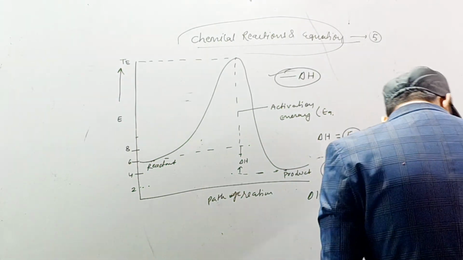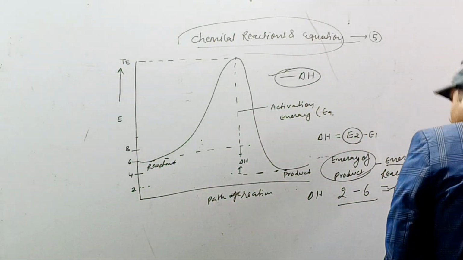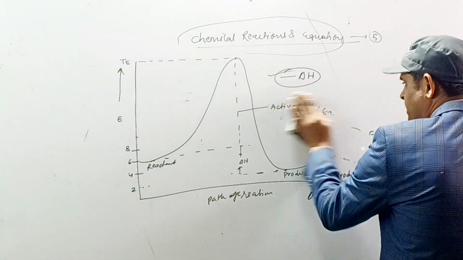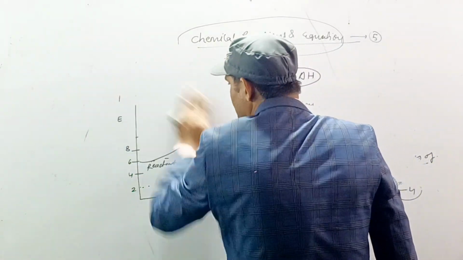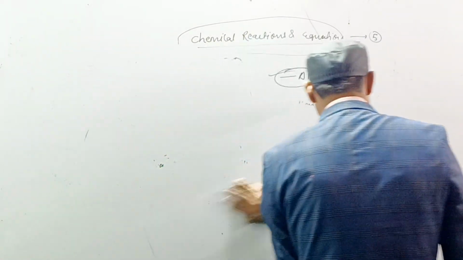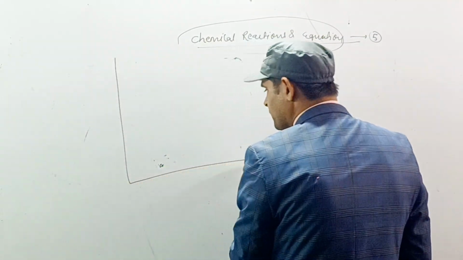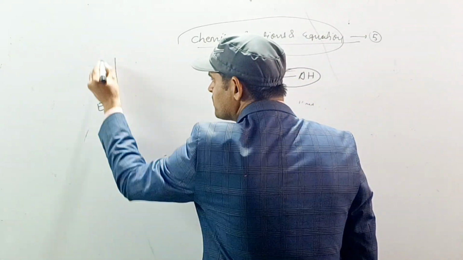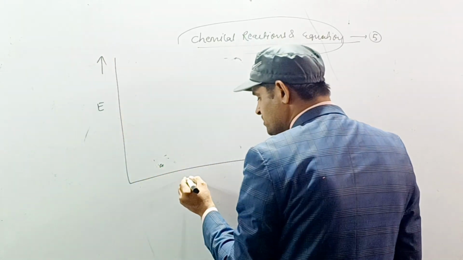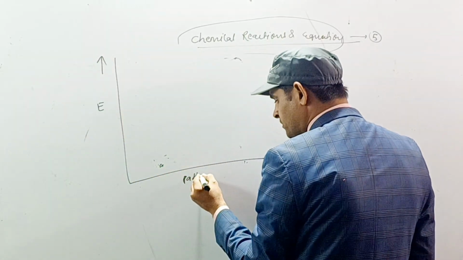And what is the endothermic reaction? What kind of graph is the endothermic reaction curve? It is like this. This is the potential energy and this is the path of reaction.